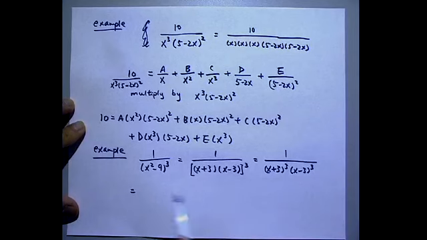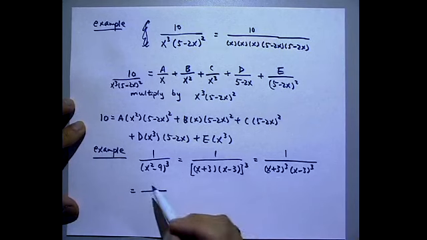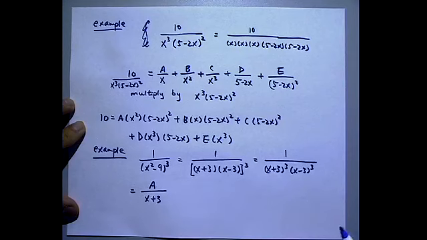All right, so now what do we get? A over x plus 3, right? And then b over that thing squared. Any more? One more time?